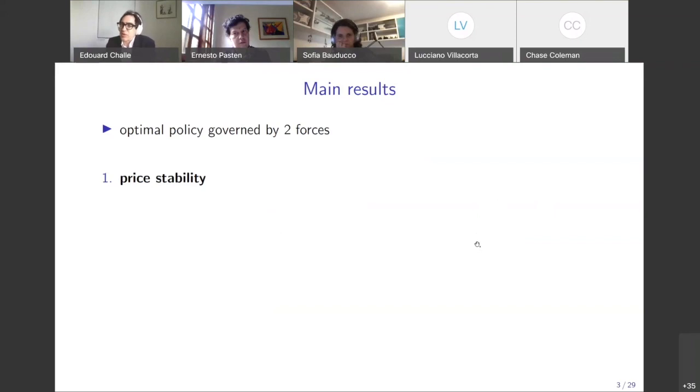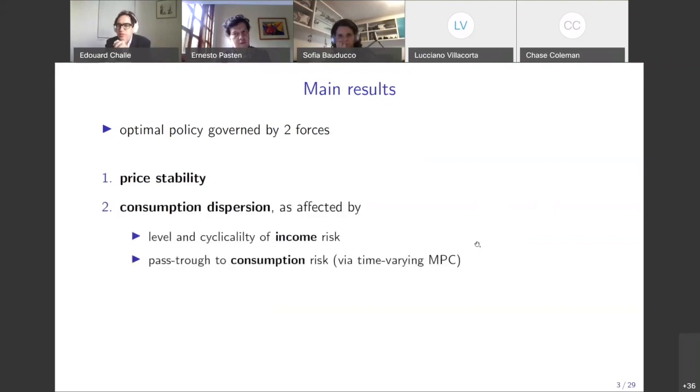But this can potentially clash with another motive, which is that the planner under heterogeneous agents wants to stabilize consumption dispersion. Consumption dispersion is going to be costly to a utilitarian planner who doesn't like dispersion between high marginality and low marginality agents.